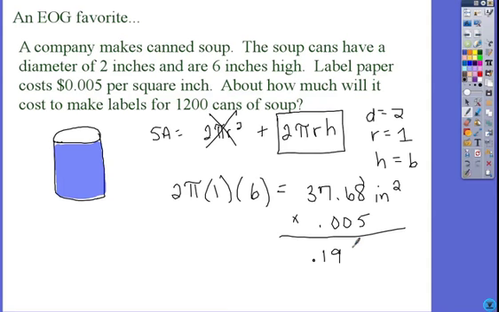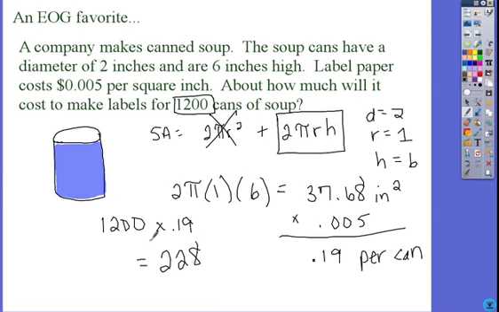So about 19 cents per can. However, I'm looking at 1,200 cans. So I take this 0.19 and I multiply it by 1,200. And I end up with approximately $228 to make my soup can labels for 1,200 cans.